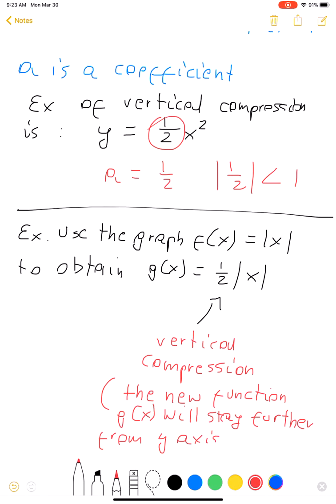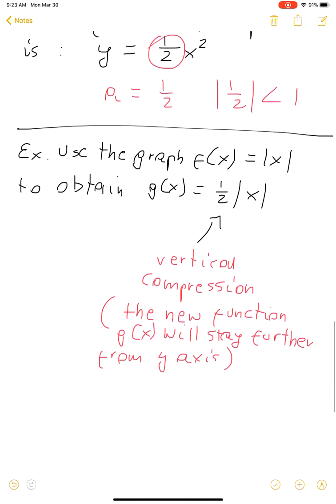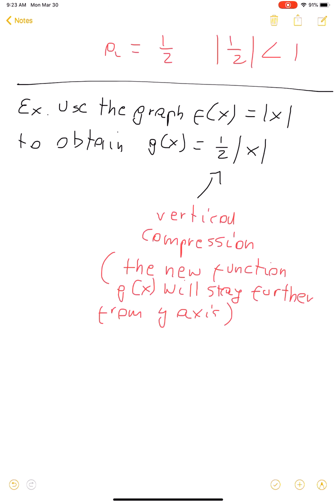Okay, so farther away from the y-axis, that means it's going to start getting closer to the x-axis. Okay, so quickly, the solution of this.